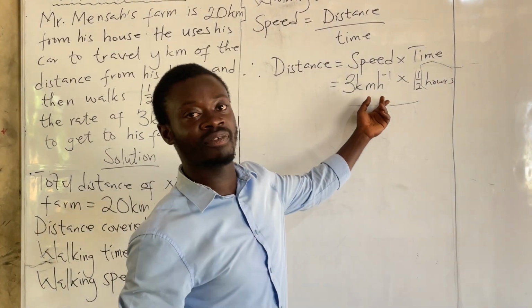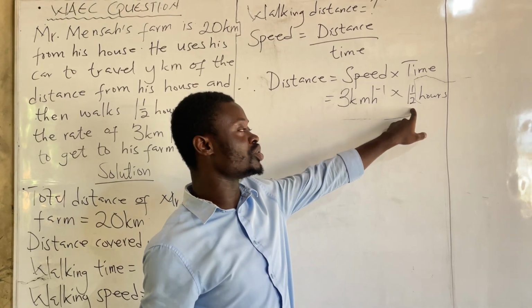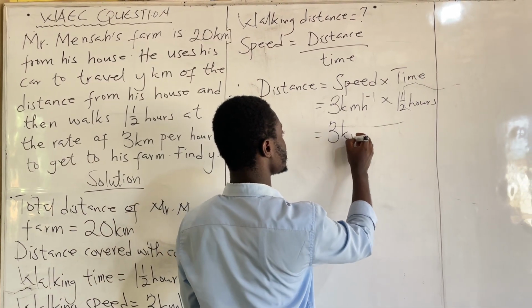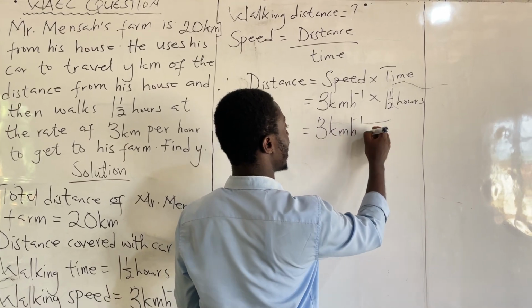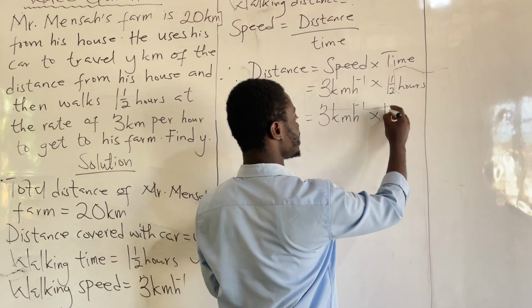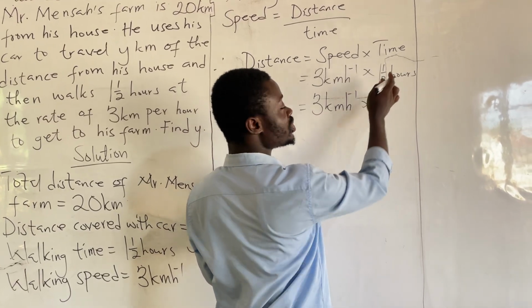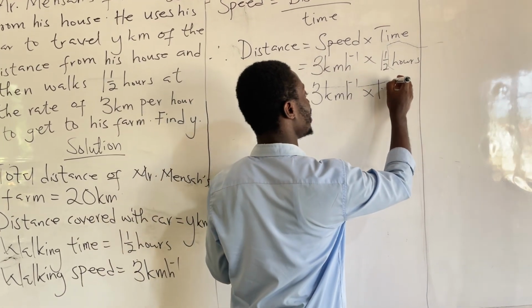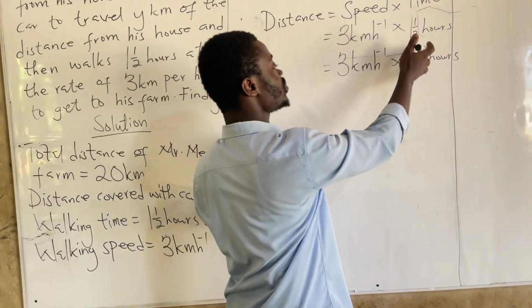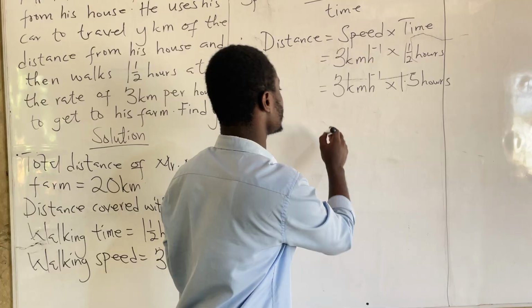To make it easier to multiply, we can change this to a decimal. We know that 1/2 is 0.5, so this gives us 1.5. So 1 1/2 hours gives us 1.5 hours.